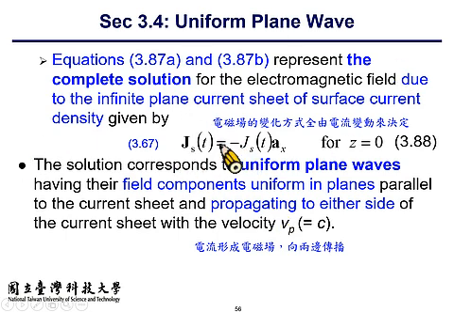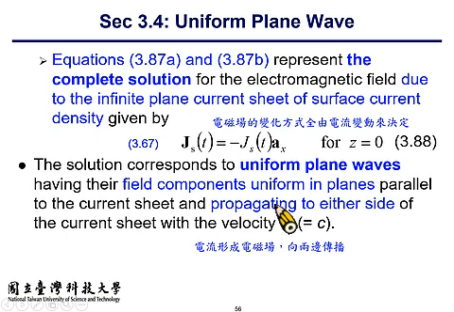For this case, the J function is represented by minus Js, a function of t, in the x direction at z equals 0. The solution derived in this line becomes the so-called uniform plane wave, propagating in the positive z and negative z directions.